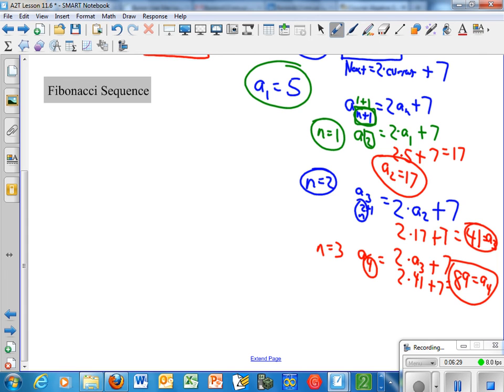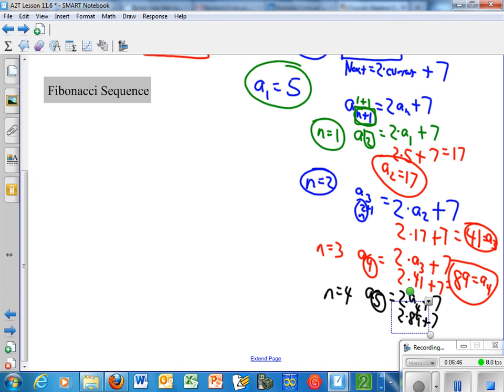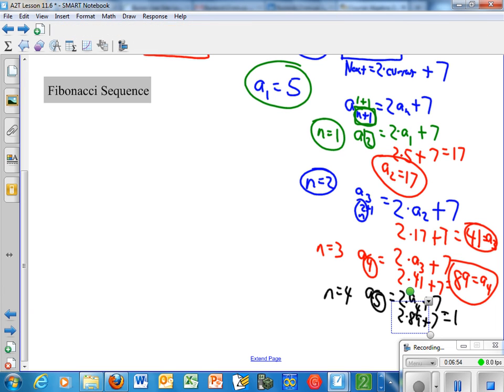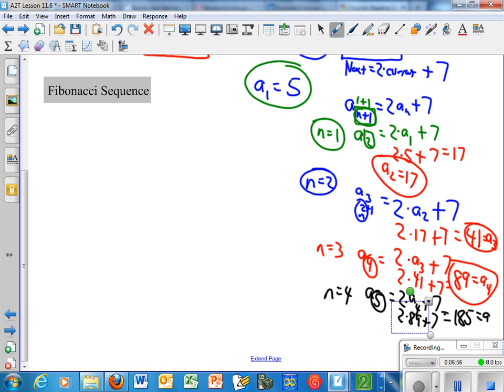And then to find A5, now n is going to be 4, because 4 plus 1 would give me the 5. So it's 2 times A4 plus 7. Well, A4 is 89, so it's 2 times 89, add 7. 2 times 89, add 7, should be 185, and that is A5.